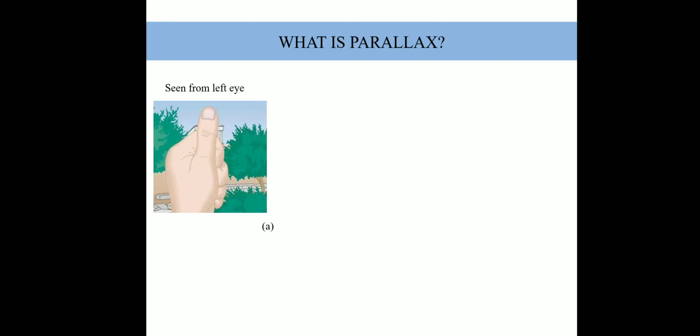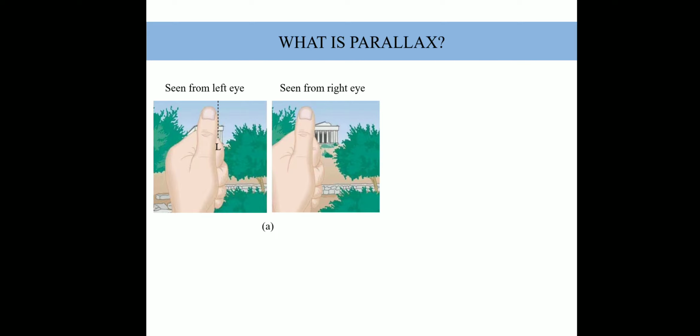Fine, so we will mark this as the position we have obtained of the thumb on the building. If we open our right eye and close our left eye, then we will be able to see this, and again we can mark the position of the thumb. So this is the new position of the thumb.